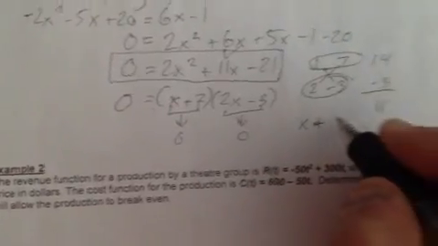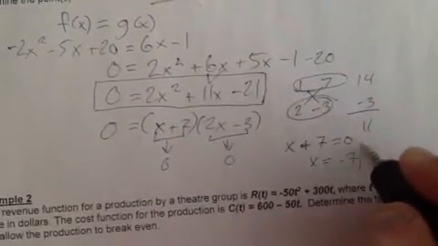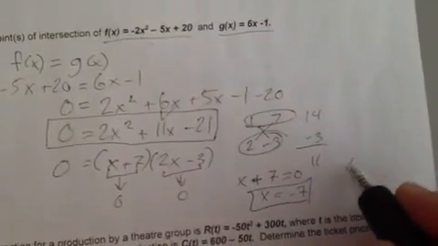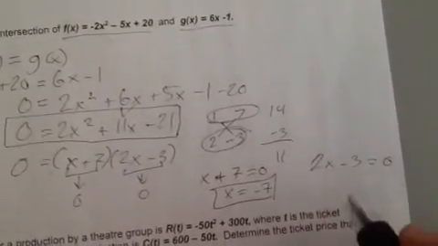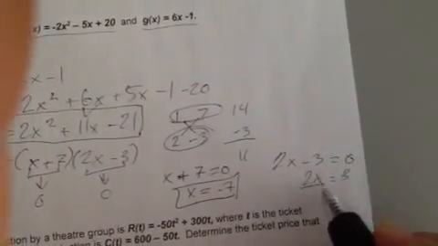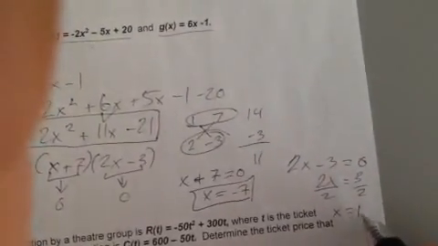If x plus 7 is equal to 0, that just means x equals negative 7, and that is your first x answer. And for the second bracket, if 2x minus 3 is equal to 0, bring this over, 2x equals positive 3, divide both sides by 2, so x is equal to 3 halves, or 1.5 is fine.